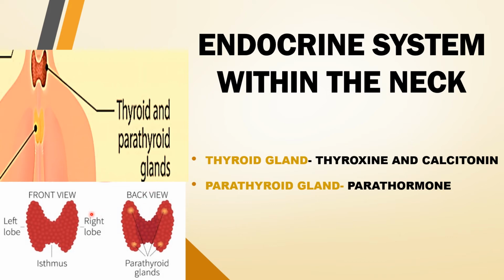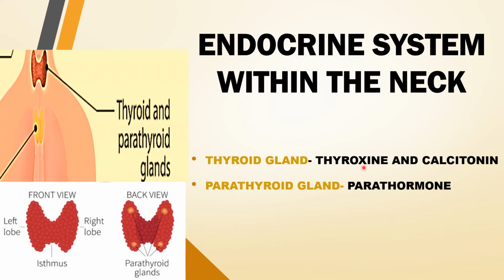The hormones secreted by this gland are called thyroxine hormone and the calcitonin hormone. The thyroxine formation requires iodine from outside, while it is not required for the formation of calcitonin.